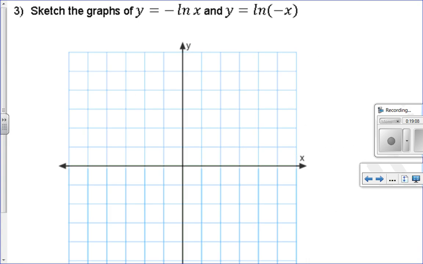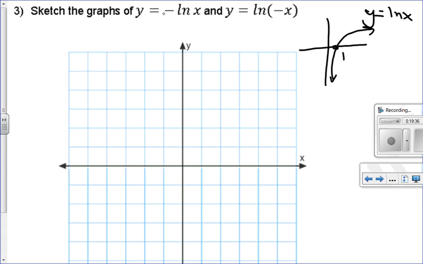Okay, and in my last question here, I just want to sketch the graphs. Sketch the graphs of y equals negative ln x and y equals ln of negative x. So just on the side here, remember that our graph of ln x looks like this. It's an increasing graph because the base is e, which is greater than 1, with an x-intercept of 1. So this is my base graph, ln x.